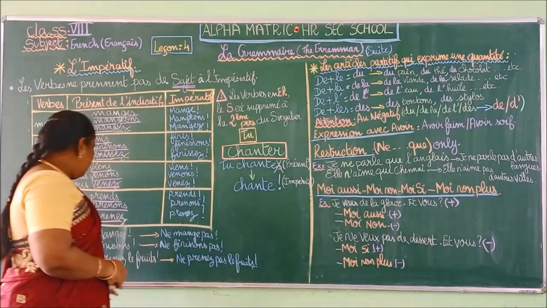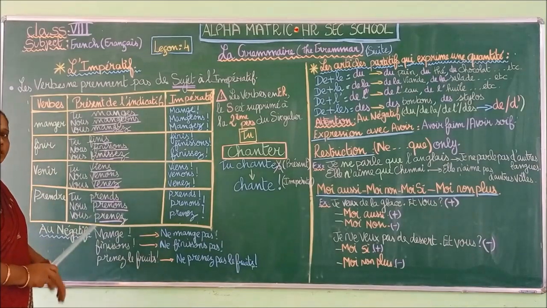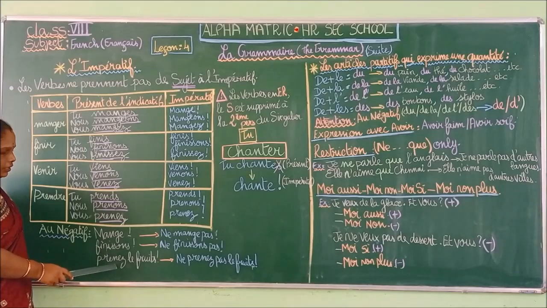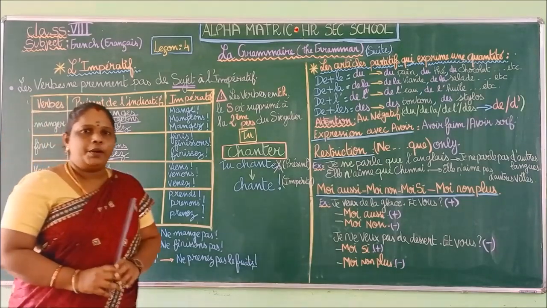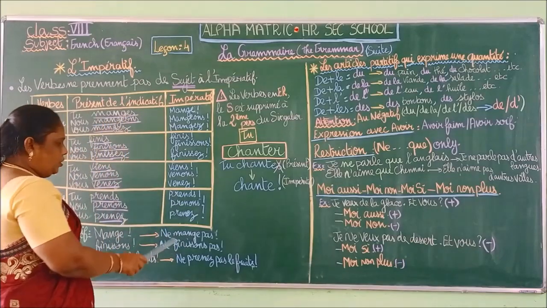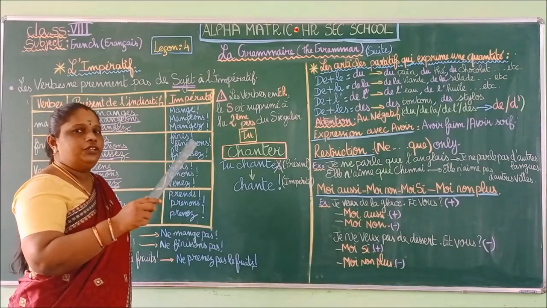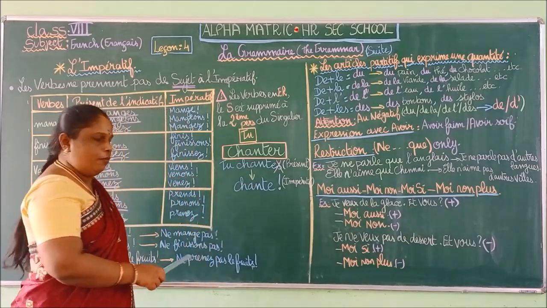So now we are going to see the negative. So how will you write a sentence into negative form? So for example, you have the imperative form mange, finissons, prenez. So what is the negative form? Using ne pas. Okay. So ne mange pas. We are going to place the ne before the verb and pas after the verb in an imperative form also.